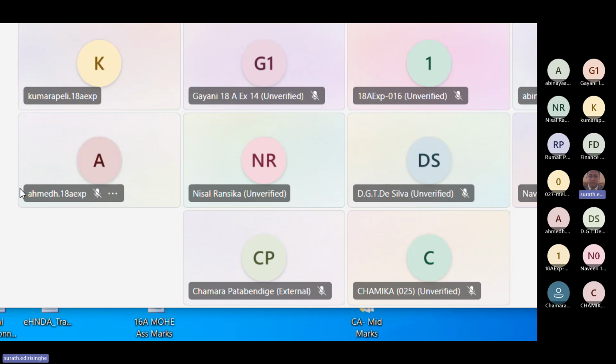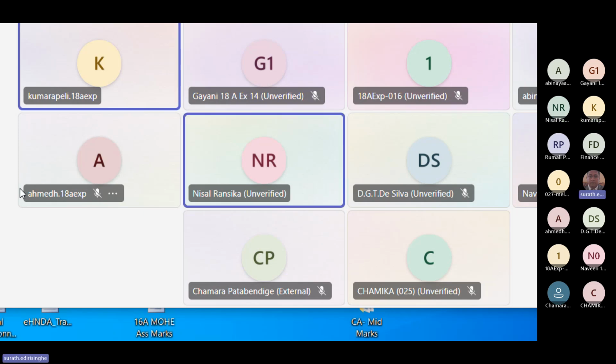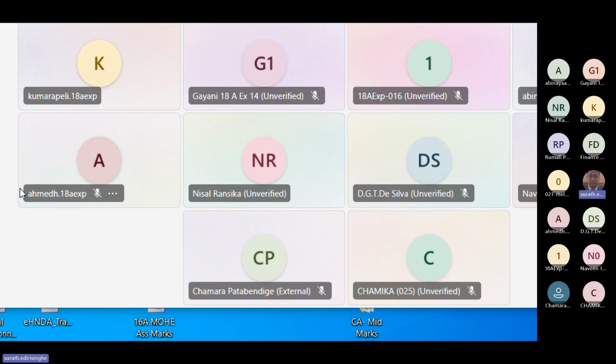Okay, Kumarapeli, in the beginning, before the mid-exam, this part was very simple. So students decided that, as it is a simple subject, there is no need to come physically and they can go to the online session. But now you realize that this is not actually a simple transaction.